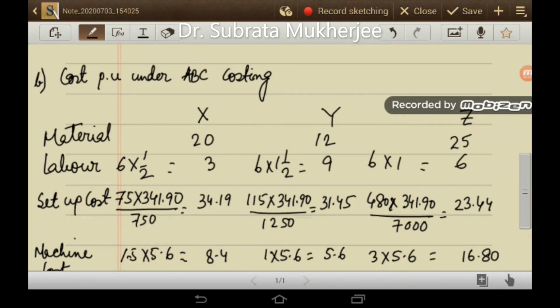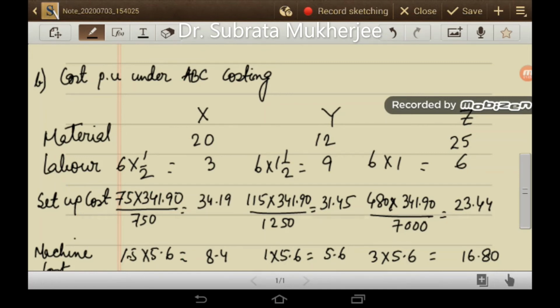So first item is the setup cost. So 75 number of setups is required for product X, the rate of setup cost is 341.90 and 750 units of X were produced. So 34.19. For product Y, 115 number of setups is required. 341.90 is the setup cost and 1250 is the production.